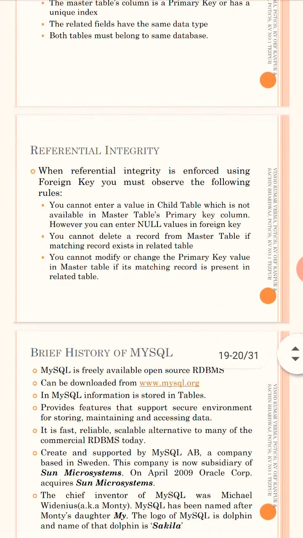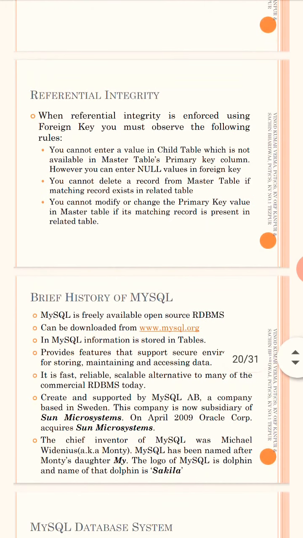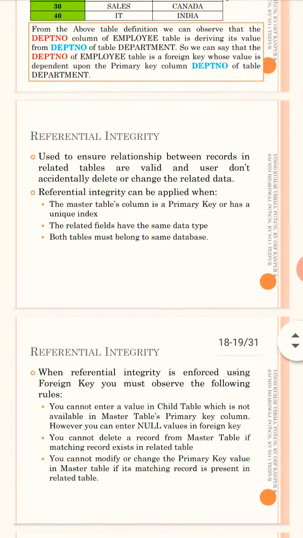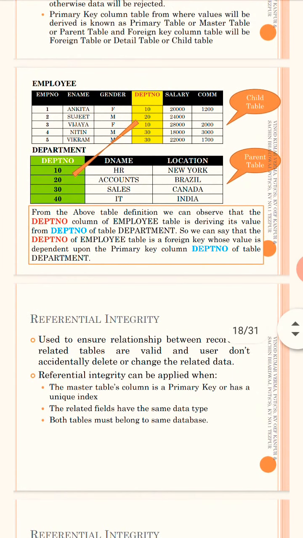Referential integrity. When referential integrity is enforced using foreign key, you must observe the following rules. Here these rules must be followed. First thing, you cannot enter a value in the child table which is not available in the master table. Like in the employee table we cannot enter department number 50 because department number 50 does not exist in the department table.